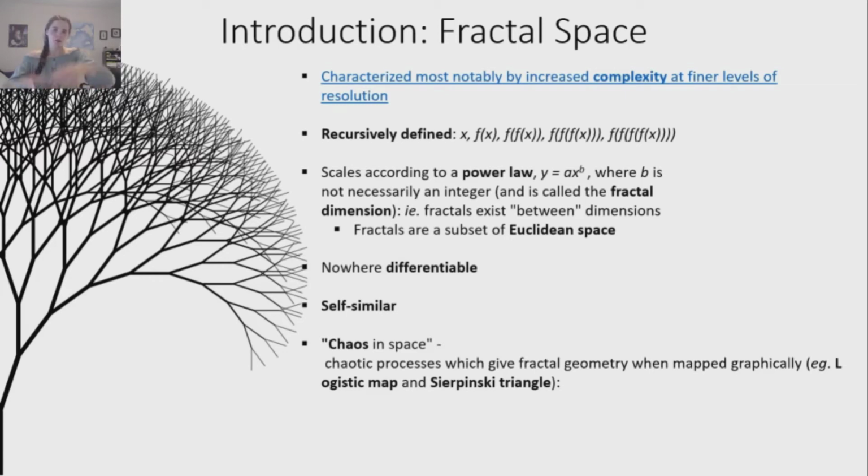But when you zoom out, it has a structure that you can define. So it's globally deterministic, but locally very random. That's kind of what chaos is. So chaotic processes give fractal geometry when mapped graphically, and we'll talk about that when we look at the logistic map and the Sierpinski triangle.